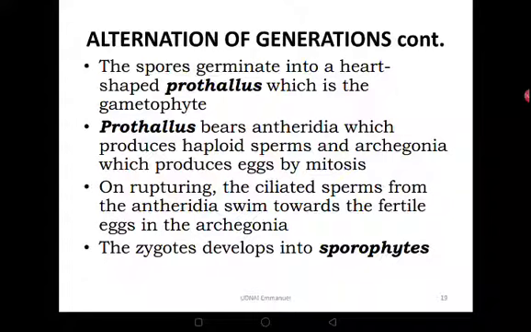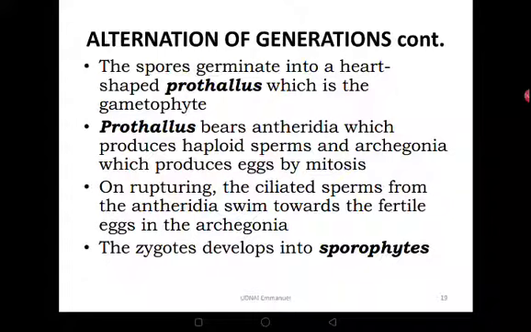So it bears the antheridia, which produces the haploid sperms, and then the archegonia, which produces the eggs by mitosis. Is that clear, members? And then on rupturing, the ciliated sperms from the antheridia will swim towards the fertile eggs in the archegonia.